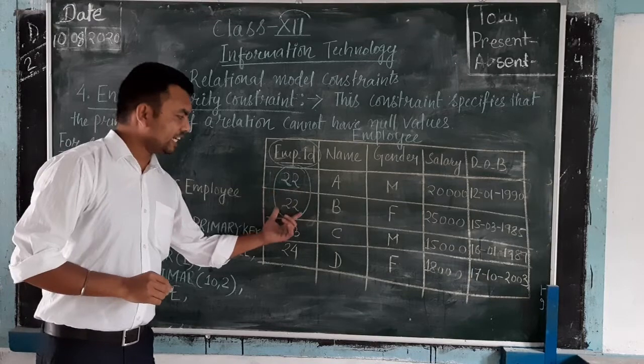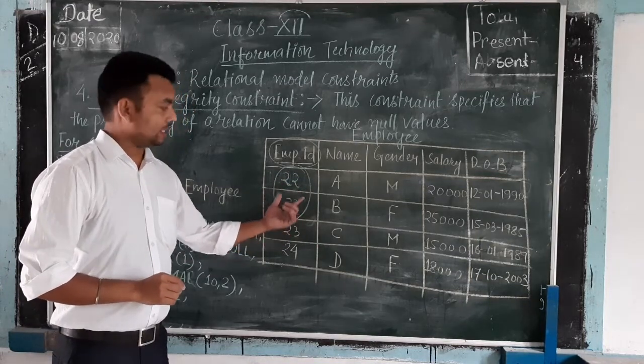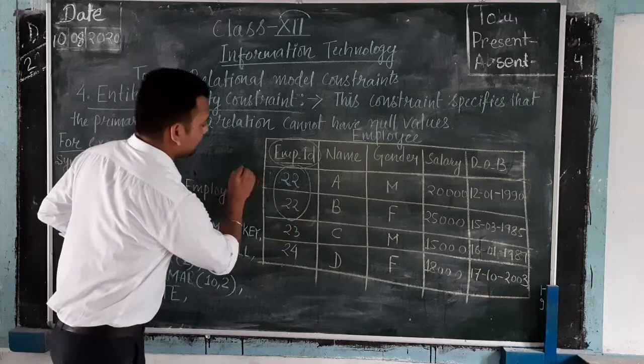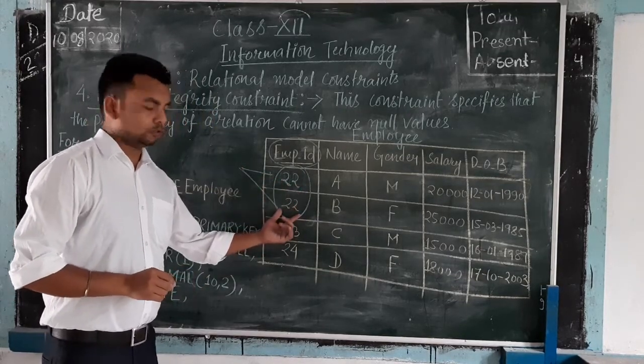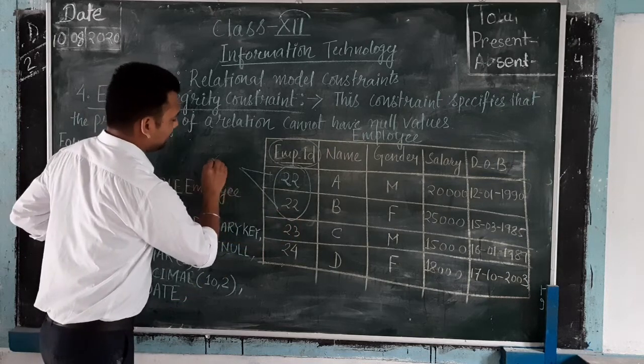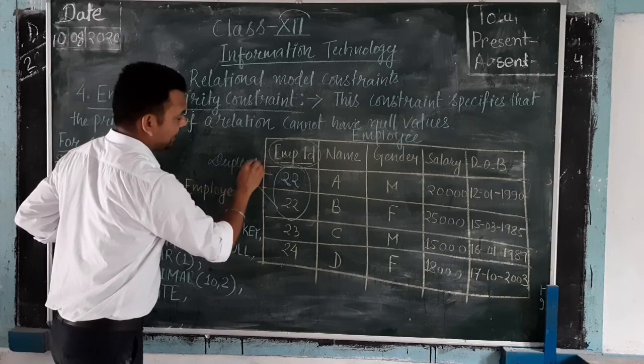Correct? Both tuples have the same employee ID occurring twice, repeatedly, meaning here we have got duplicate values. So here 22, here 22. It will have a duplicate value, so it will not be accepted in case of a primary key attribute.